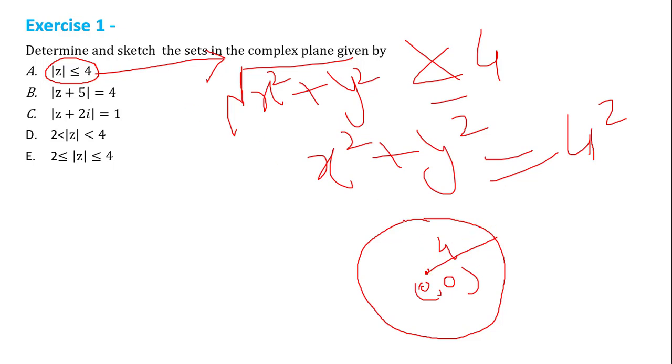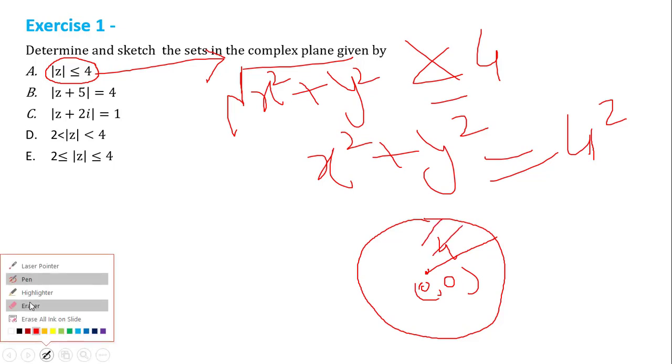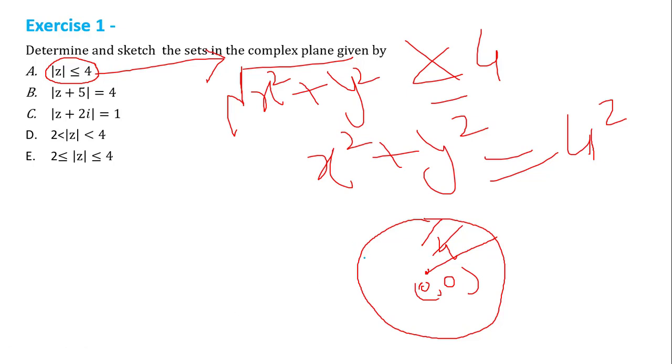Now, mod of z is less than or equal to 4. It's saying less than or equal to, so this inequality is also covered now. So this represents the complete disc, that is a closed circular region.